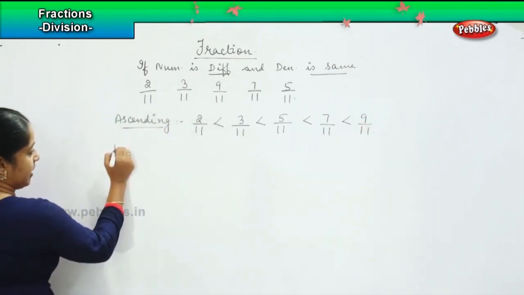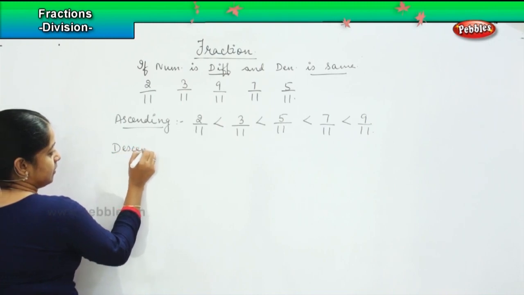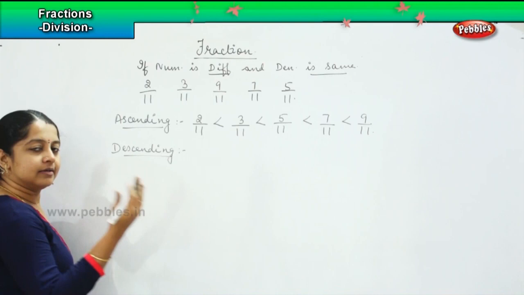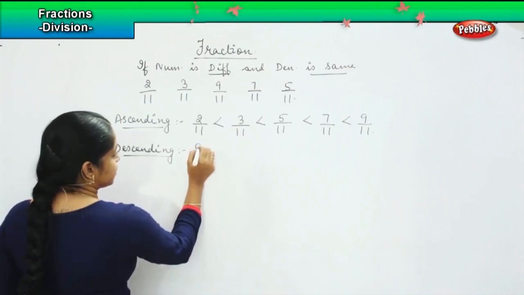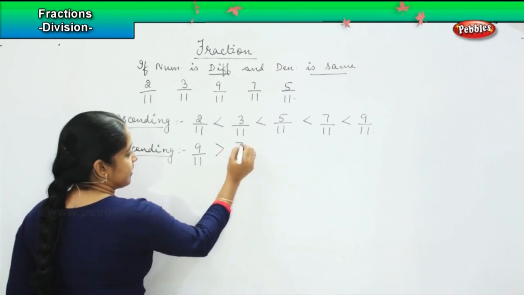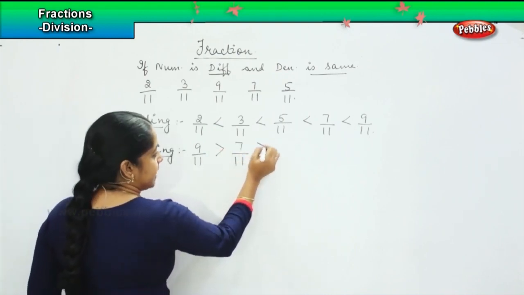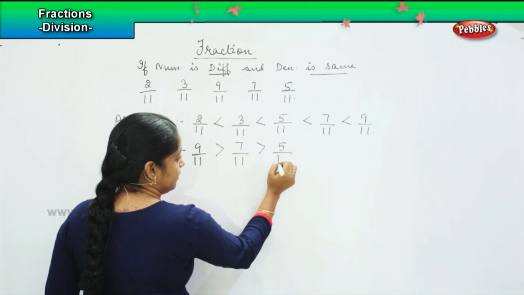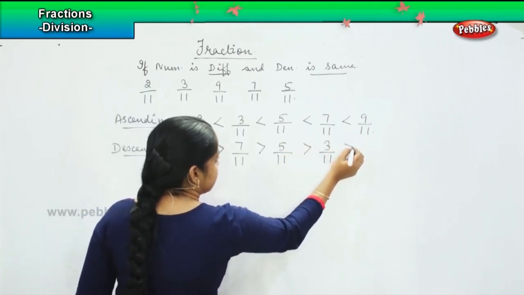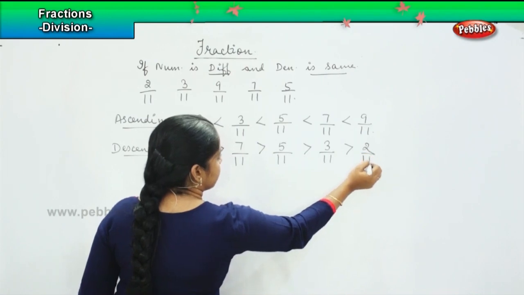And the same thing, if I have to write it in the descending order, I will be writing it the other way around. So the highest value 9 by 11 is greater than 7 by 11 is greater than 5 by 11 is greater than 3 by 11 is greater than 2 by 11.